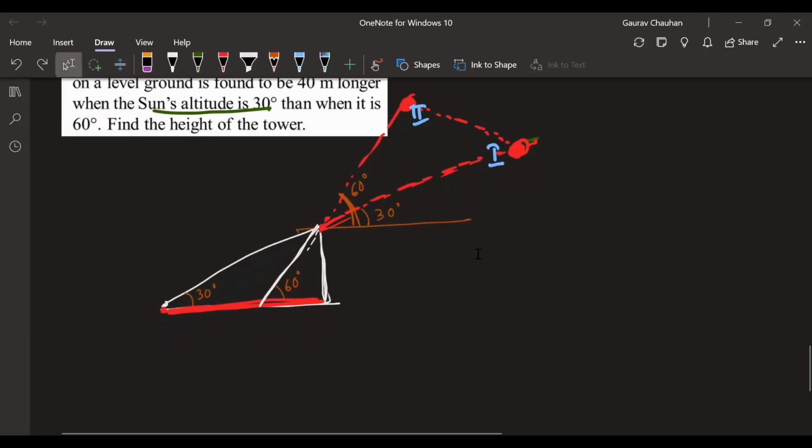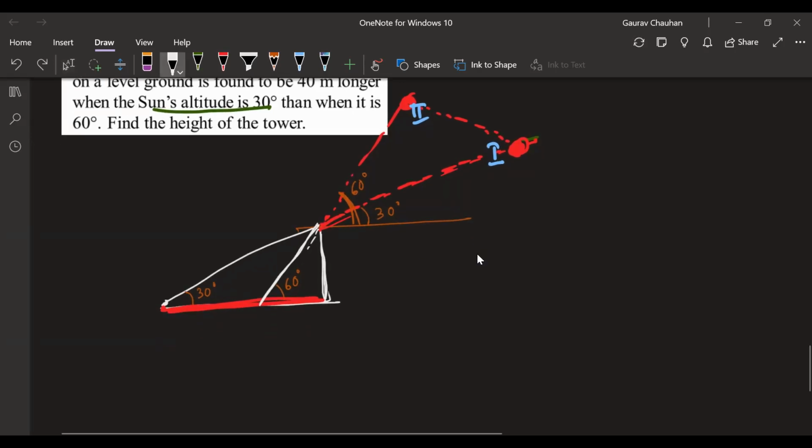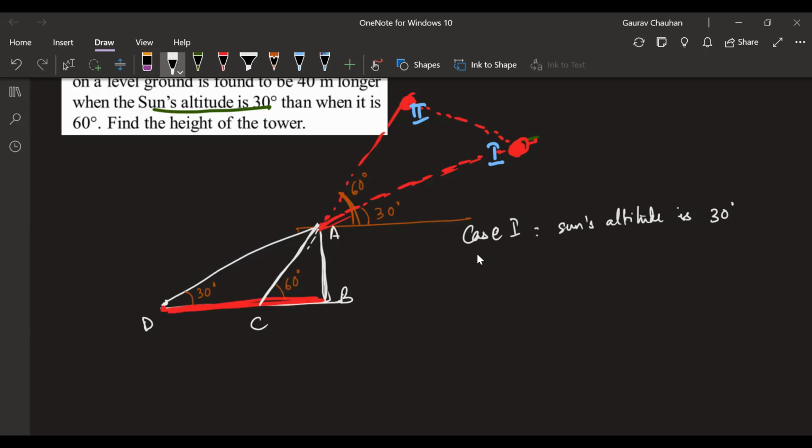Now what's happening here is case 1, sun's altitude is 30 degree. Let me mark this. Let's call this A, B, C, D. Then length of shadow.